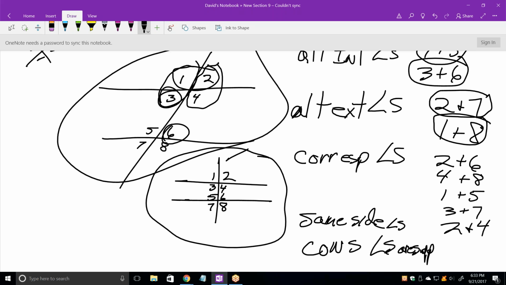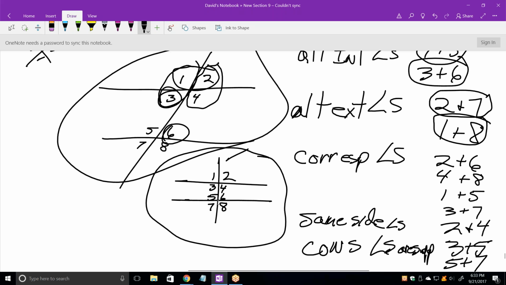And two angles that are consecutive would be 3 and 5, or 5 and 6, or 5 and 7. So that's consecutive angles. They just have to be next to one another. And they're actually supplementary because they're linear pairs, all of them. No matter what consecutive angles you look at, it's a linear pair.